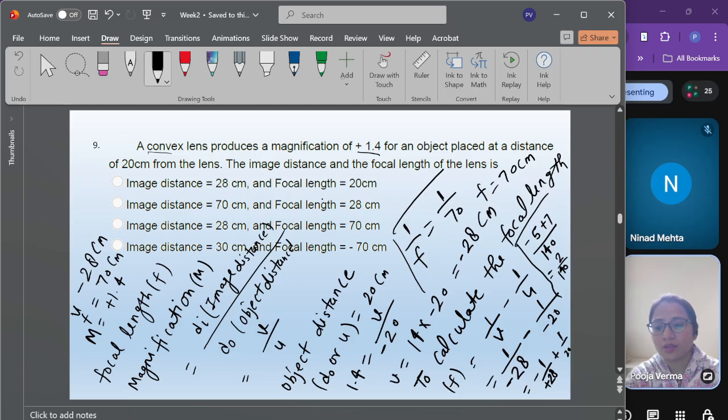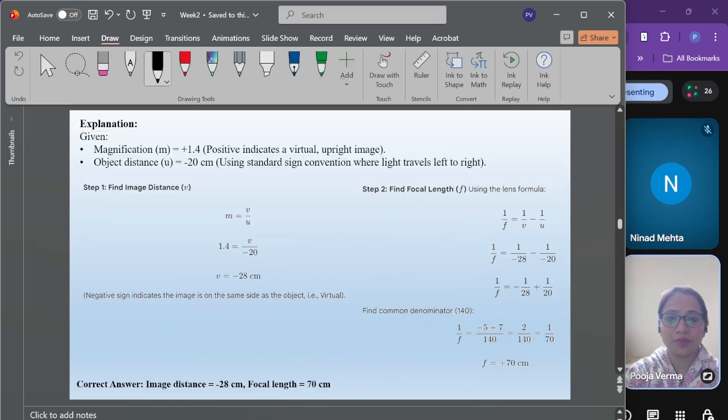For this question, we take the object distance u as negative because it is in the opposite direction from the light. Just check with the convex and concave lens, then proceed. And the solution is also given for this one.